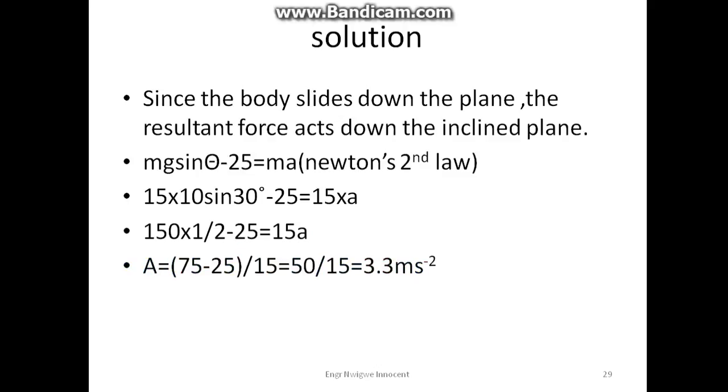Therefore, a is equal to 75 minus 25 over 15, which gives us 50 over 15, which gives us 3.3 meters per second squared. Its acceleration is therefore 3.3 meters per second squared.